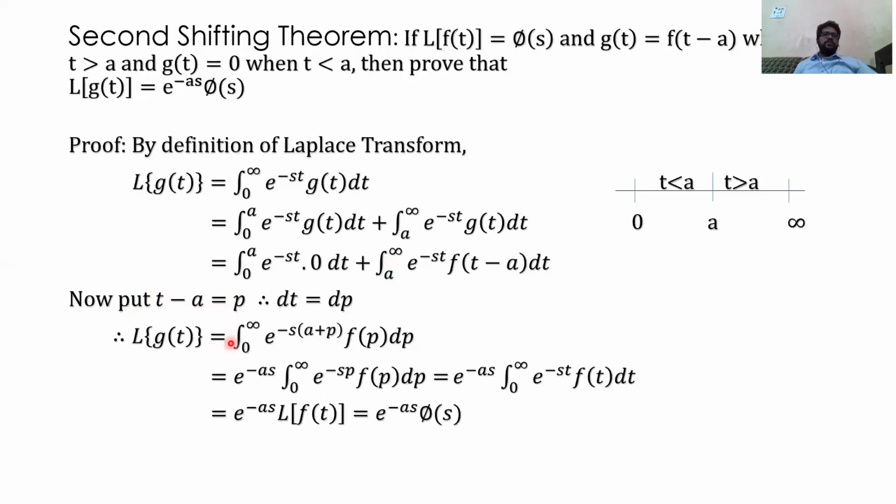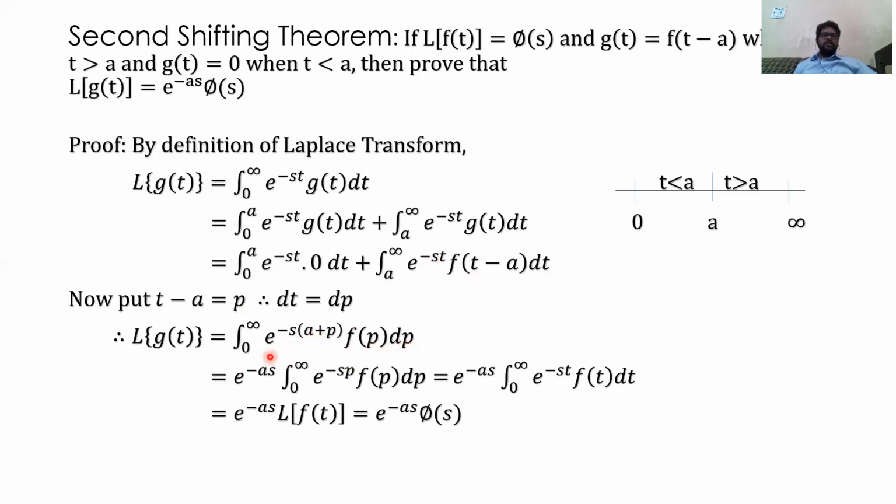So your new integral will be from 0 to infinity. Instead of a write 0, and instead of infinity keep infinity. The exponent also changes: e raised to minus s times t, where t equals a plus p, so write a plus p, and f of t minus a equals f of p, dp.